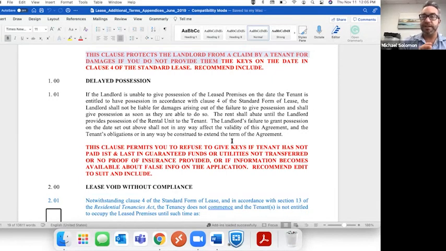So we actually took the time to help guide along what certain clauses are helpful to landlords throughout forming the lease. Okay, and of course, those clauses are also helpful to real estate agents when they're helping their landlord clients form the lease as well.